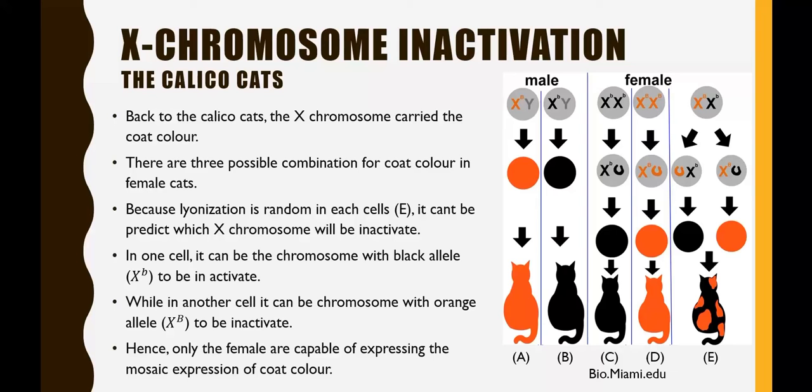In one cell, it can be the chromosome with the black allele that is inactivated, while in another cell, it can be the chromosome with the orange allele that is inactivated. Hence, only females are capable of expressing the mosaic expression of coat color.